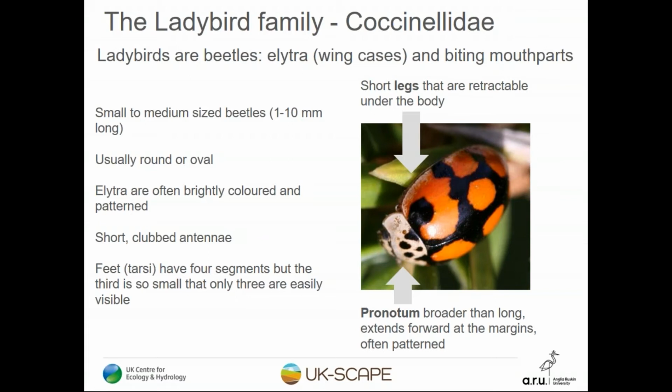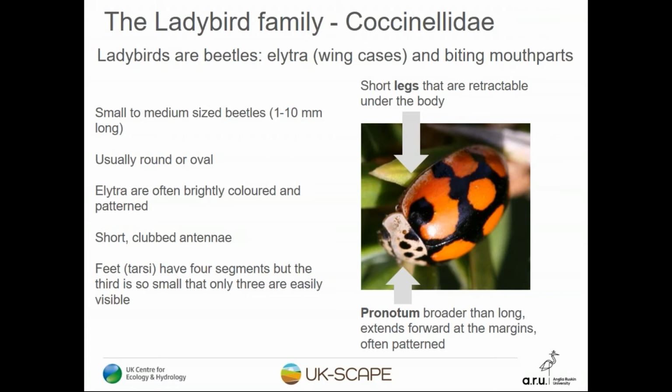Often they're brightly coloured and patterned on their wing cases, on the elytra. They have short clubbed antennae, and remembering that leaf beetles, for instance, that can look very like ladybirds, have much longer antennae. And if you take a very close look at their feet, you can see that they have 4 segments, but the third is very, very small, and so only 3 can be seen.